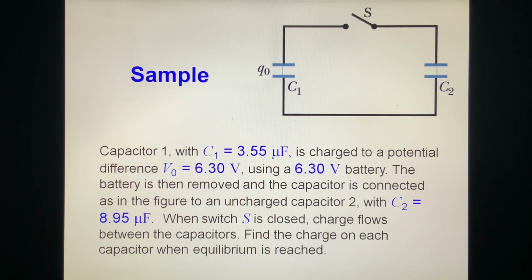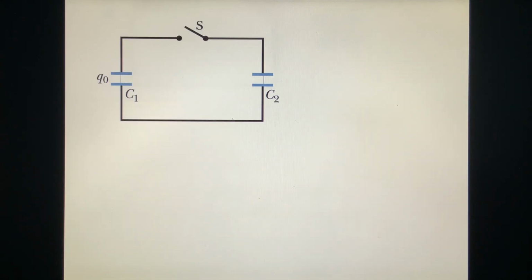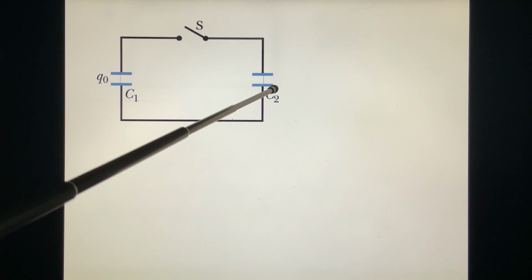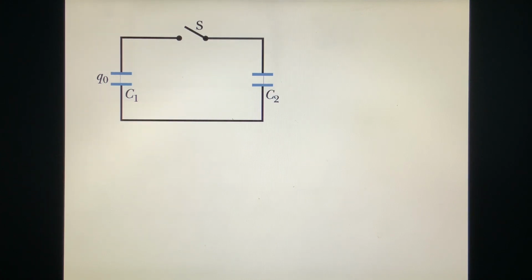Now let's analyze it. When equilibrium is reached, what happened? We have a Q, we have a V, we have a C. In this process, which one is constant, Q or V? It has original voltage 6.30, but after connection it is not 6.30.